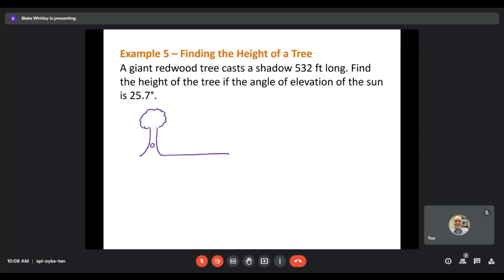So basically, if I were to take a point here on the tree and I were to draw a line straight down to the end of that shadow, that angle is going to be 25.7 degrees. So from horizontal, looking up towards the sun, that's our angle of elevation now.